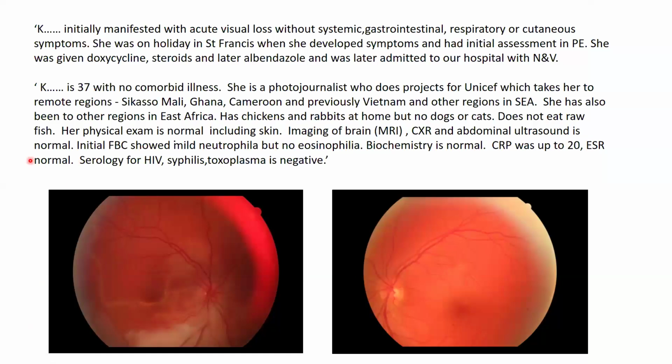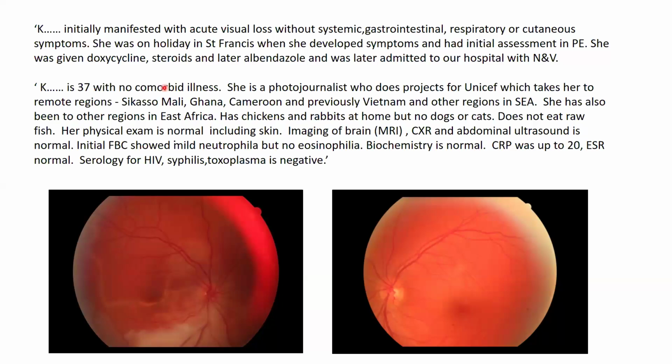Now, this was a patient, Kay, who developed an acute visual loss when she was on holiday in St. Francis in the Eastern Cape. And the diagnosis wasn't clear. She was treated sort of symptomatically, and then got to an ID physician, one of our colleagues in Cape Town, who let us know about this case.